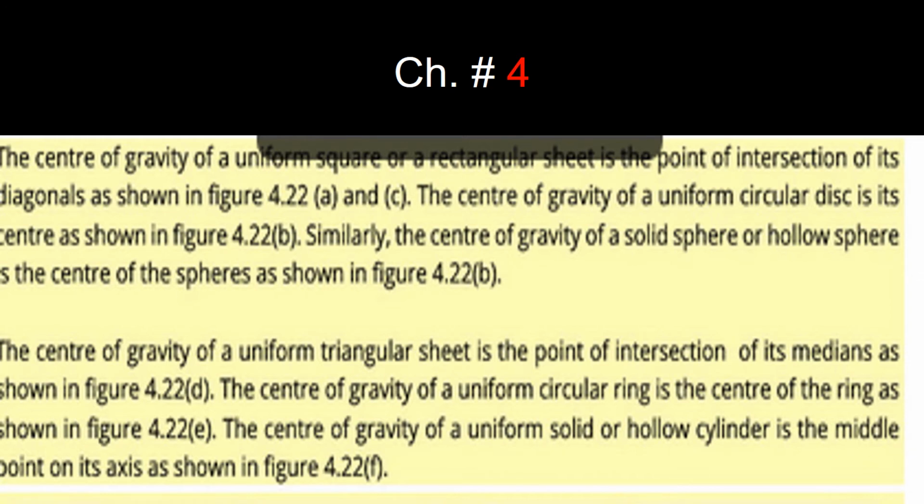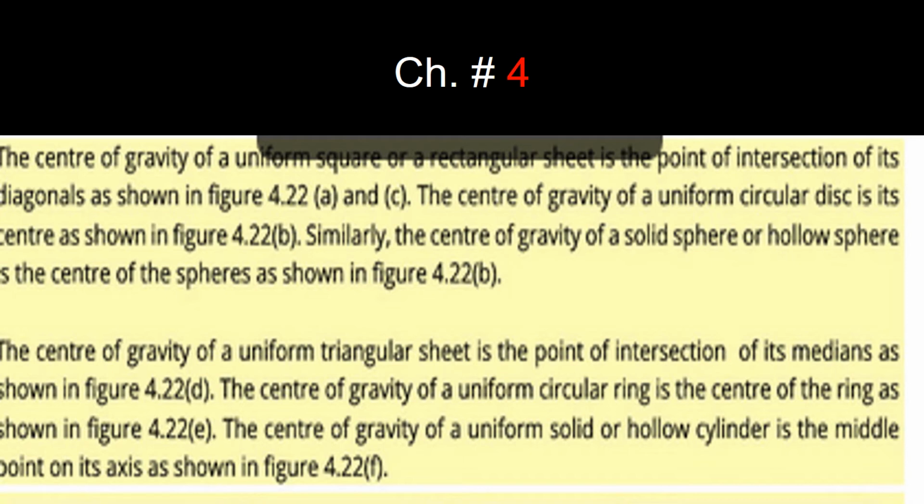Now I will explain the center of gravity of different uniform objects, meaning different regular objects. Here six objects are described: the square, the rectangle, circle, ring, triangle, and the sphere. The center of gravity of all these objects is described here.